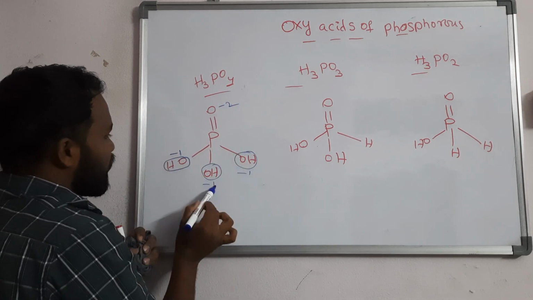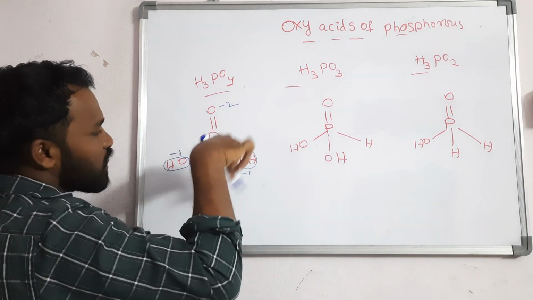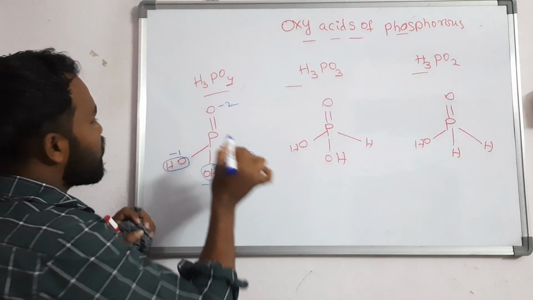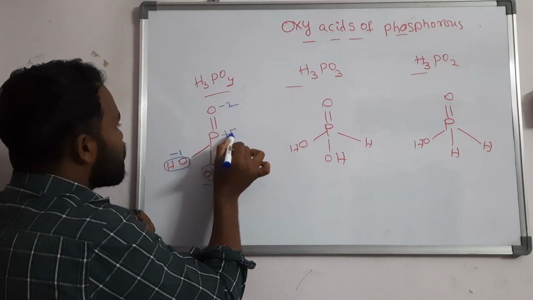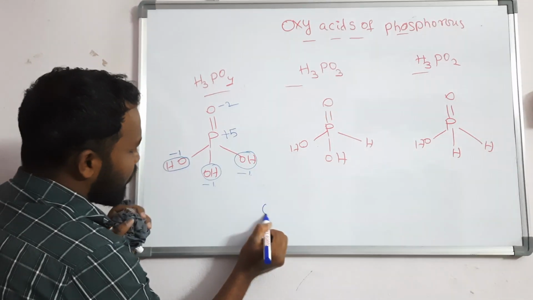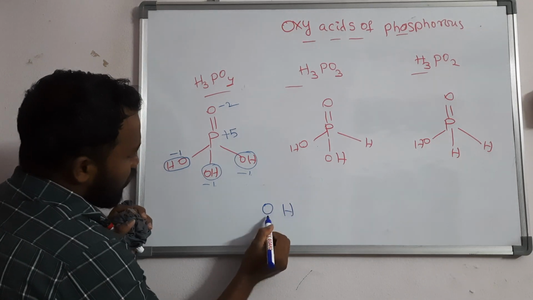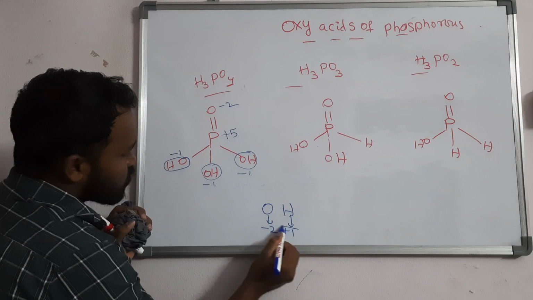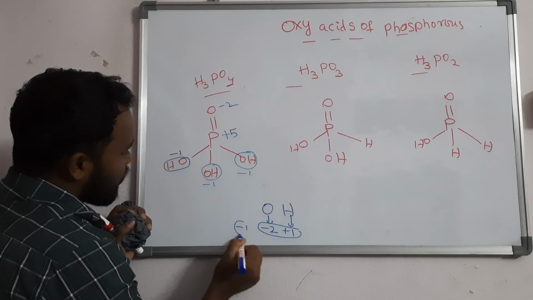So -2, -1, -1, -1, the total sum is -5. If it is -5, automatically phosphorus gets +5. Why are we taking minus? Oxygen is -2 and hydrogen is +1, so -2 + 1 is -1.